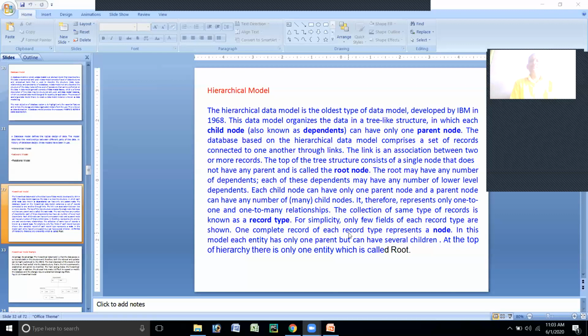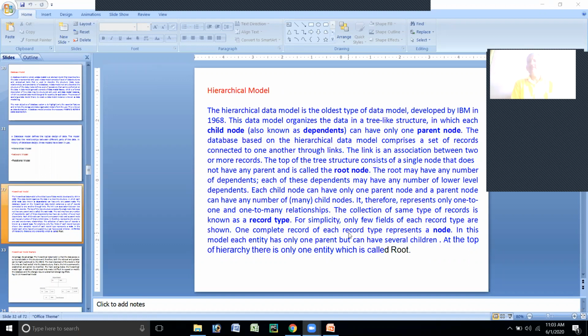See, the hierarchical model. This hierarchical model is the old type of data model, or the oldest data model. This model was developed by IBM in the year 1968. Two points are clear. First point: the hierarchical model is the oldest type of data model.